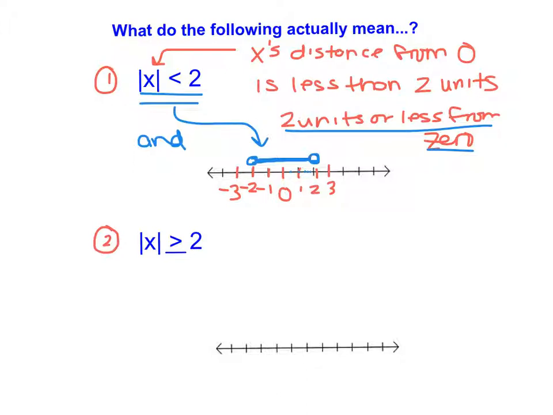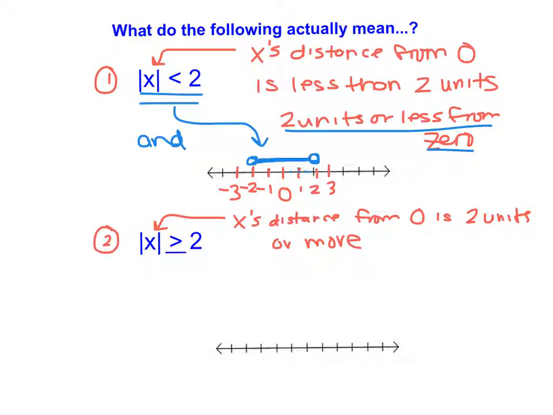Now if we go down to number 2, this is a little bit different. Remember, absolute value is distance from 0. And this one is saying x's distance from 0 is 2 units or more.